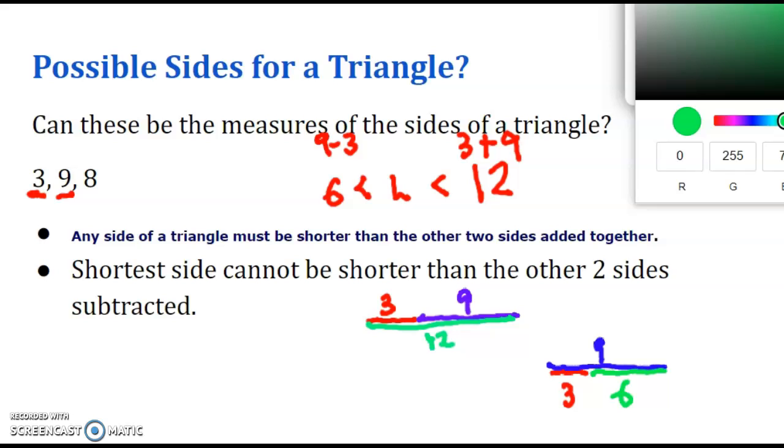So this would not be a triangle. So it has to be bigger than 6, like 6.1 or 6.2 or 6.001 would still work. Again, notice the inequality. So look at 8. Is this possible? Is number 8 between 6 and 12? Yes, it is. So that means this triangle is possible.